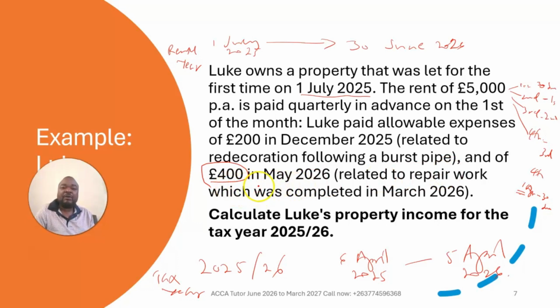Remember, these were paid in May 2026, way after the 5th of April 2026. Although they are allowable, they are not going to be allowable for our period because we are using the cash basis. So even if they are allowable in general terms, they're not going to constitute part of our return, because they were paid outside the tax year period.